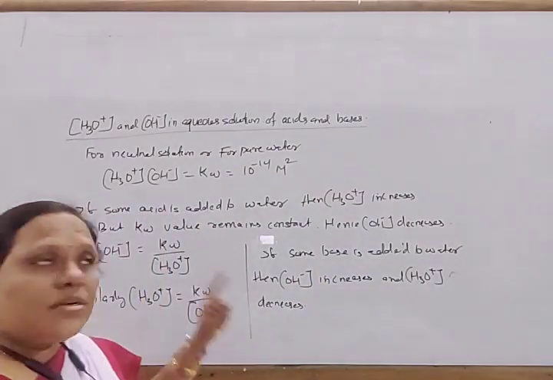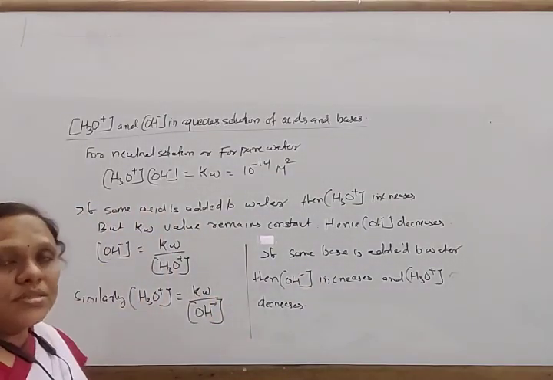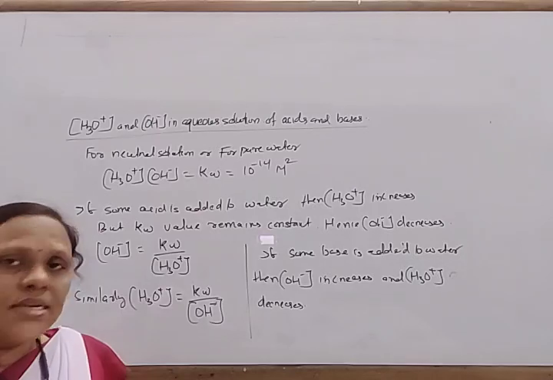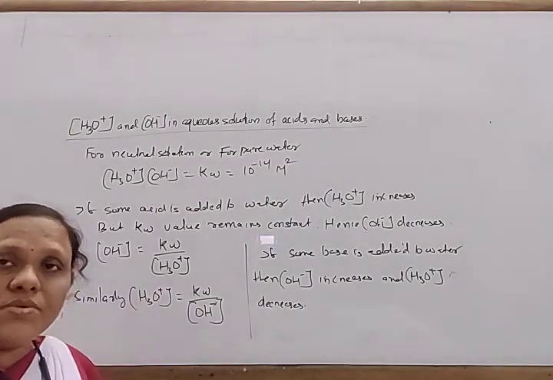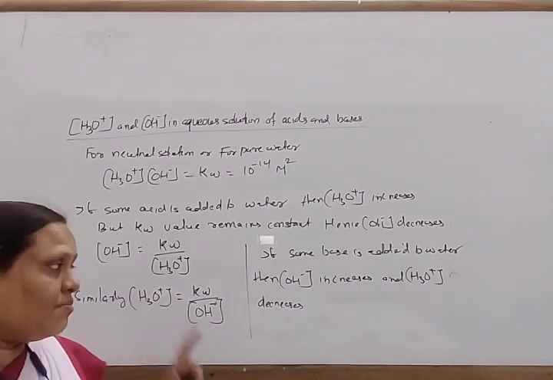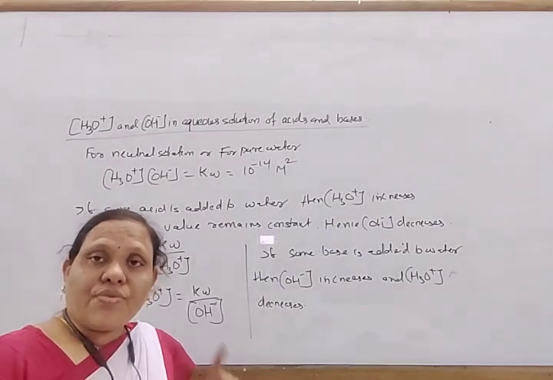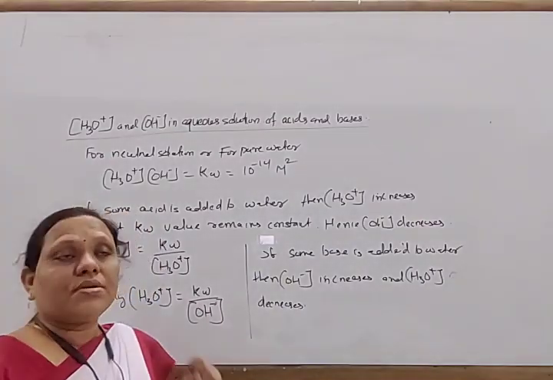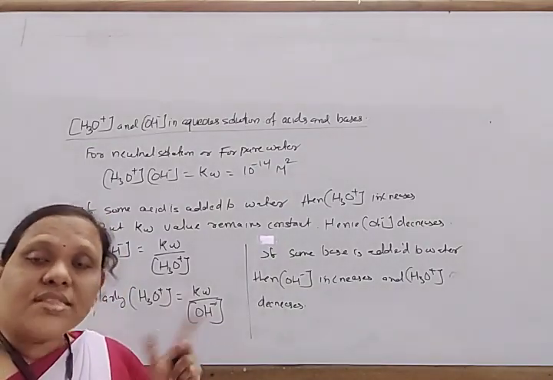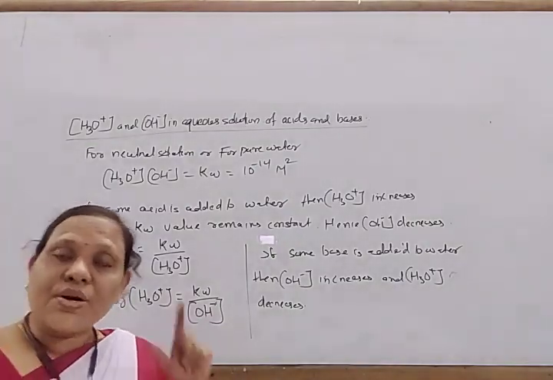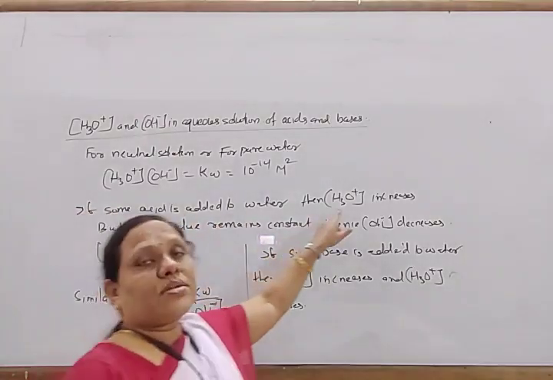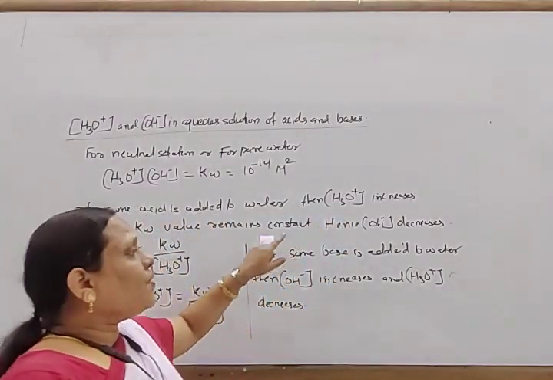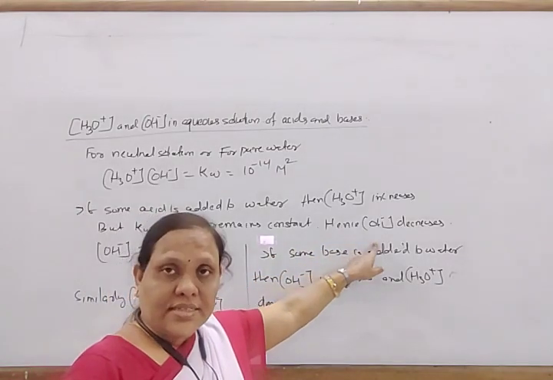Okay, so Kw is a constant because an equilibrium constant is a constant at a particular temperature, and water is taken as constant. In this case, the Kw value is constant for a particular temperature. As the ionic product of water is a constant at a particular temperature, the only variable part is either the hydronium ion or the hydroxyl ion. So if the hydronium ion concentration increases, then the OH- ion concentration decreases.